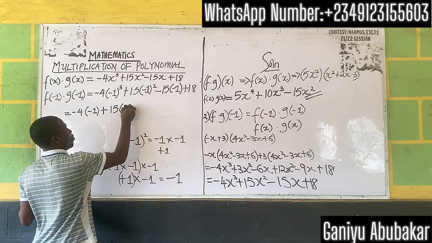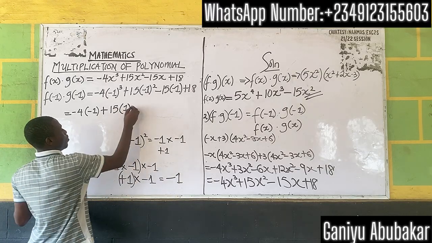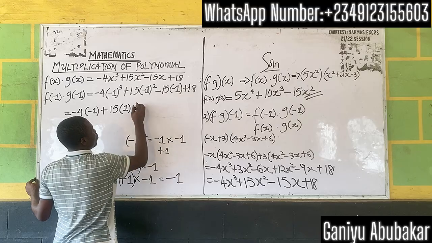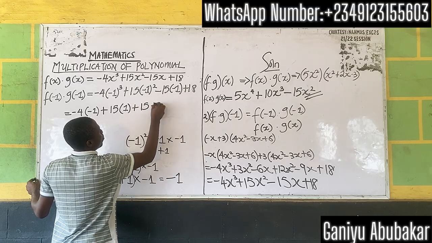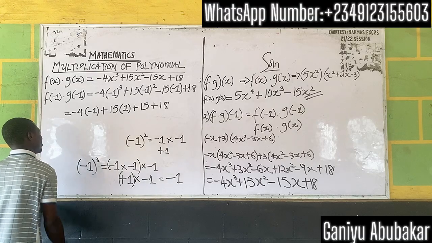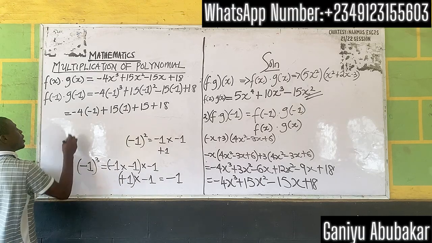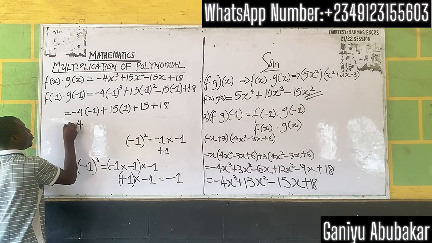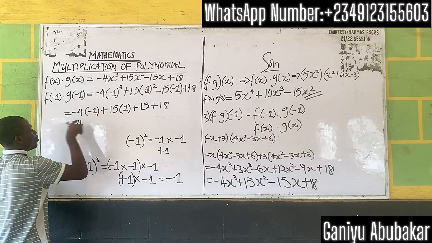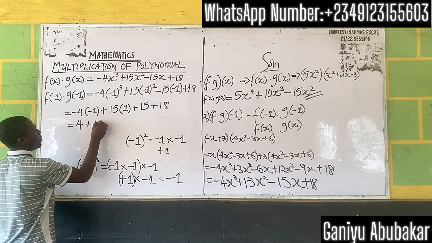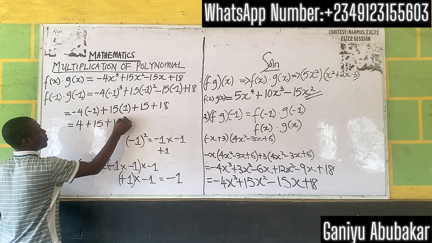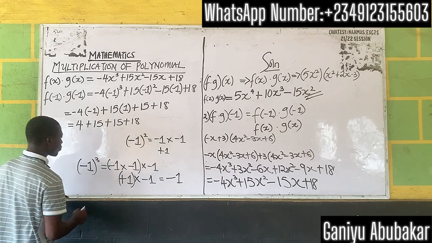So I have 15 here, then minus 15 times minus 1 gives plus 15, plus 18. So I have plus 4 plus 15 plus 15 plus 18.